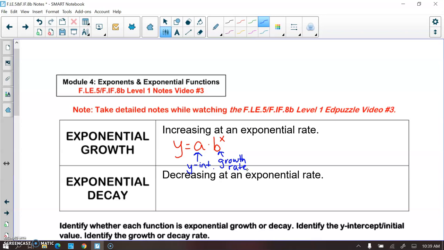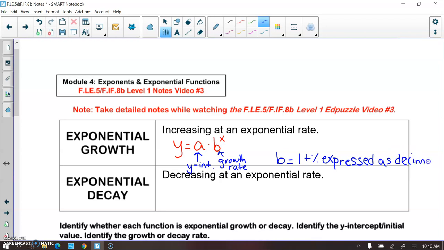Now, if I say the population of rabbits is growing by 2%, we do not just put 2 in for b. Instead, your b is equal to 1 plus your percent expressed as a decimal. So my percent expressed as a decimal of 2% would be 0.02.